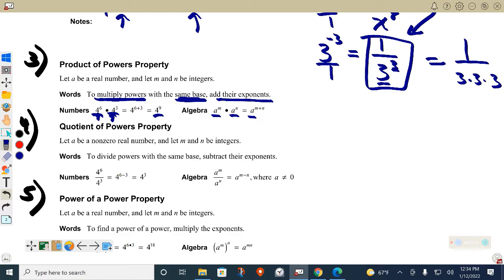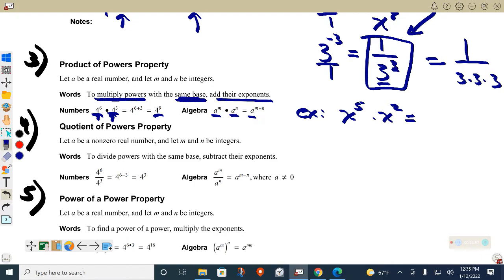Have it your way. Check this out, let's do some examples. X to the 5th times x to the 2nd. I'm just making it up off the top of my head. Same base, x and x.